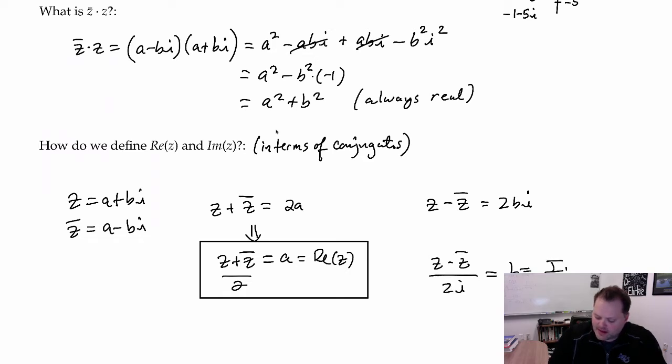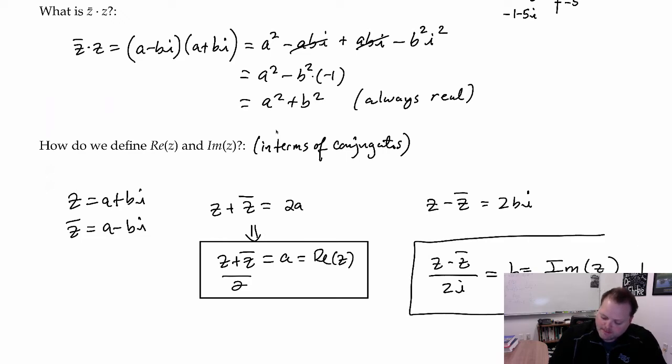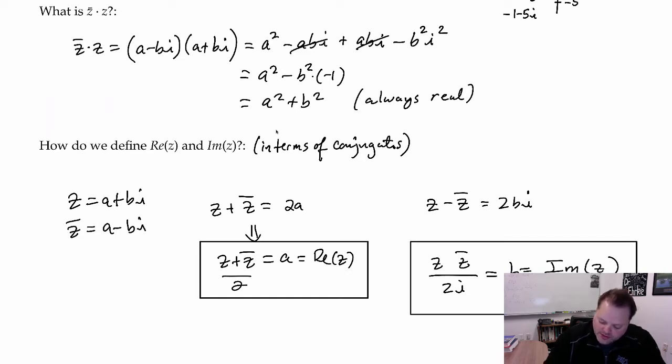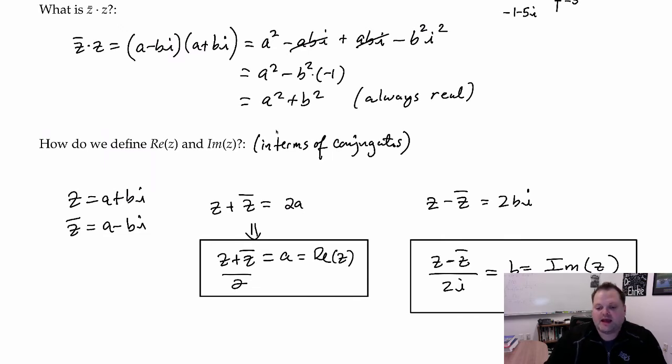And that is the imaginary part of a complex number. So the average of the complex number and its conjugate is its real part, and this kind of half difference divided by i is the imaginary part.